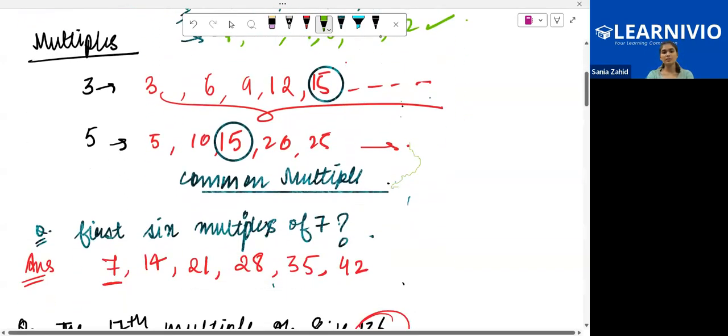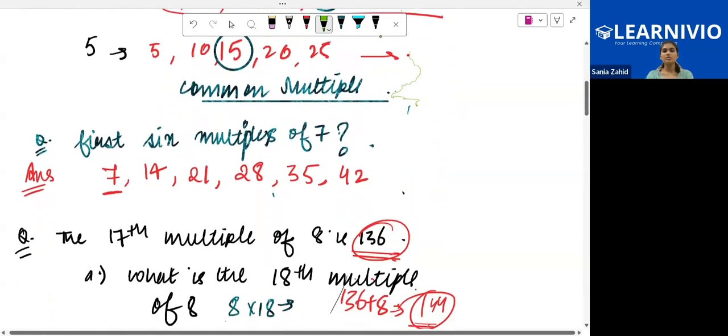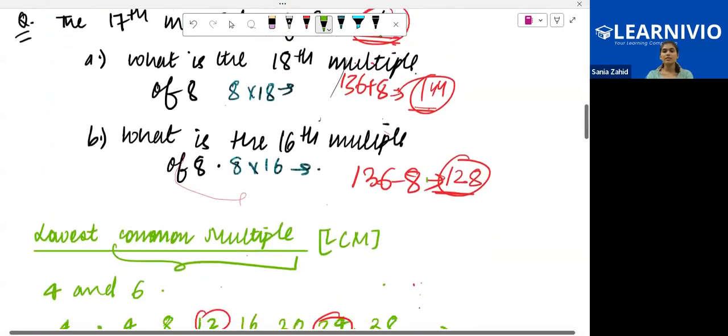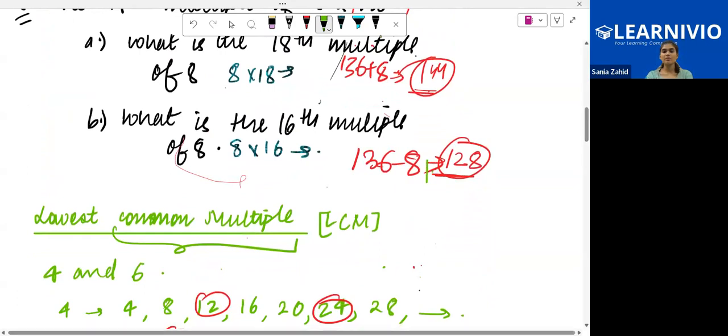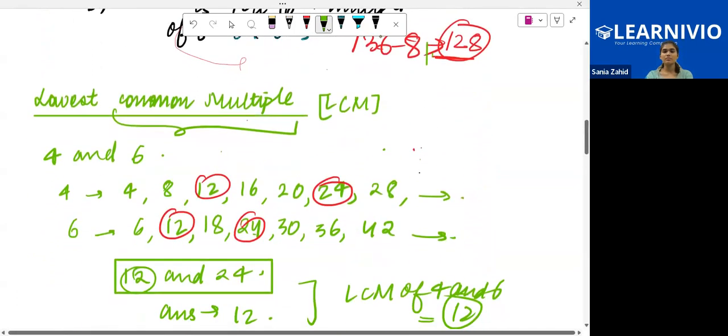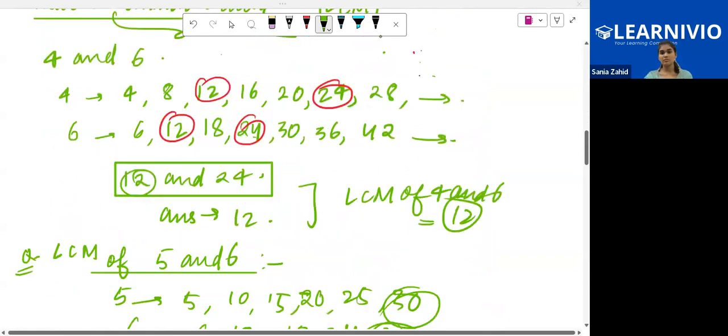Then we studied multiples and common multiples. Haya, do you understand this? Any doubt till here? No. Okay, what is LCM? Lowest common multiple. What does it mean?